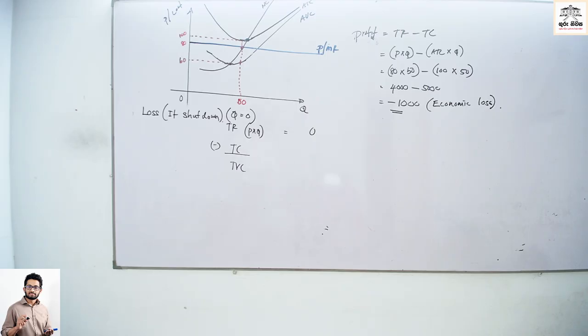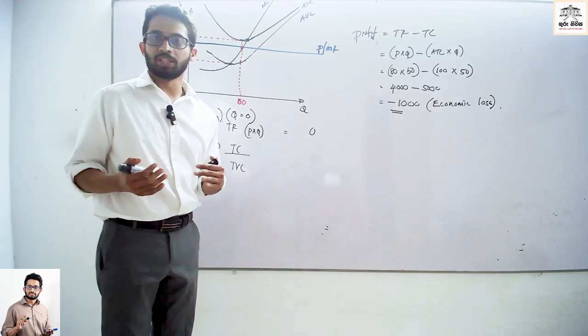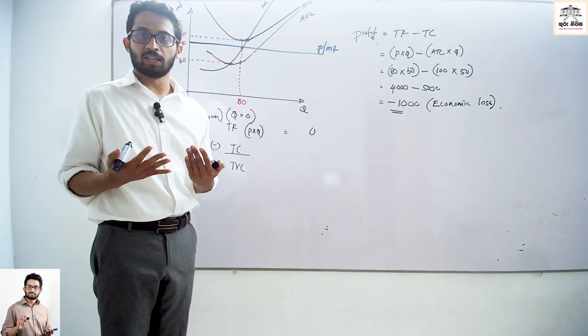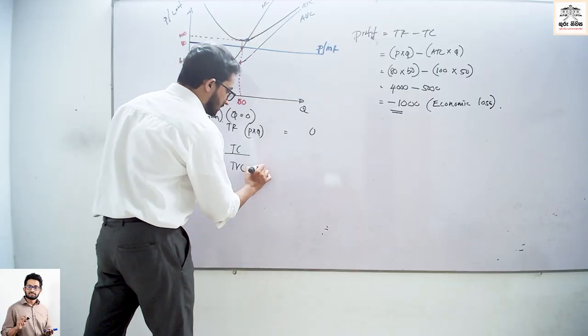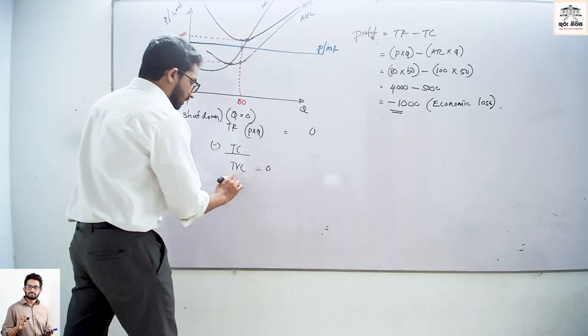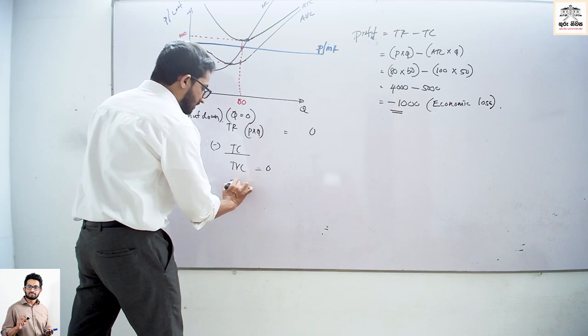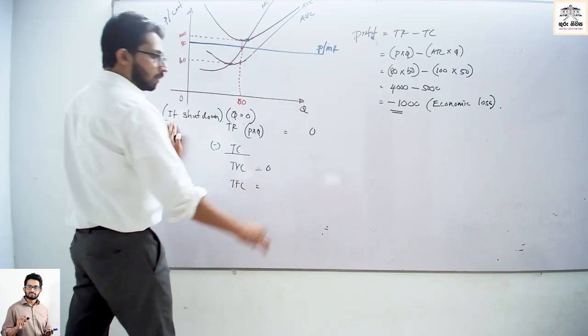If there's no output, no need for raw material, no need for workers, no wage, right? So total variable cost is also 0. How much is the total fixed cost? Can it be 0?